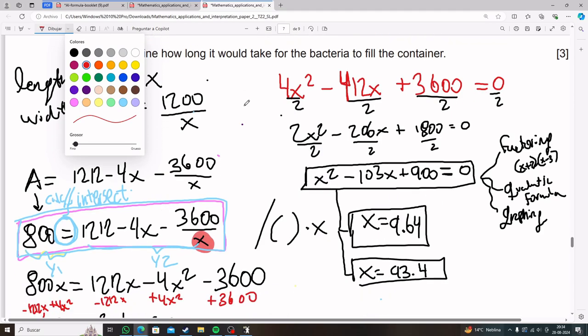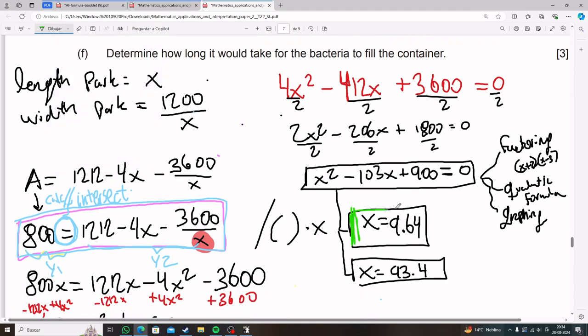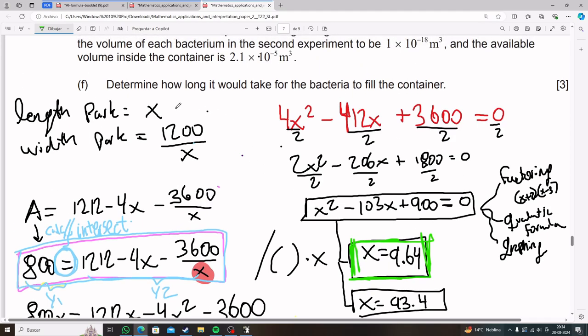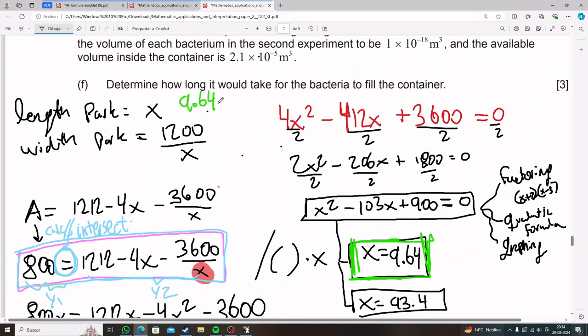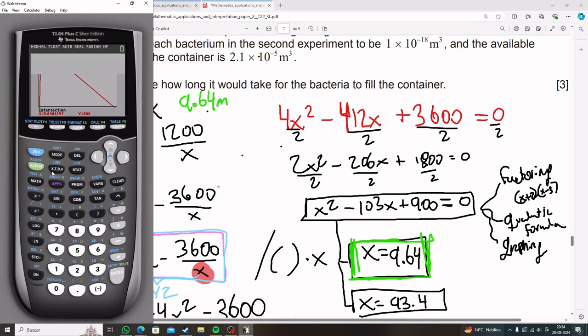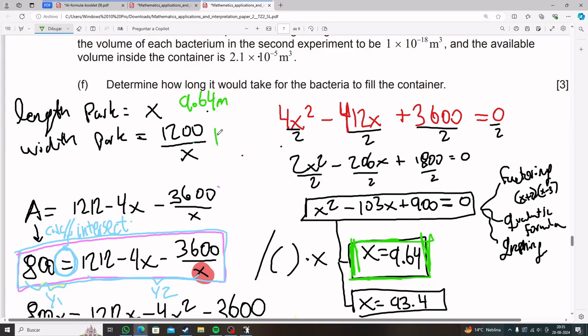So on the one hand, using light green for this scenario, you can have a length of 9.64 meters and a width of 1,200 divided by 9.64. With significant figures, you can leave the width as 124 meters. So that's the first scenario, a length of 9.64 and a width of 124.